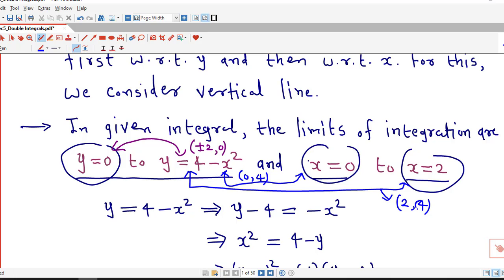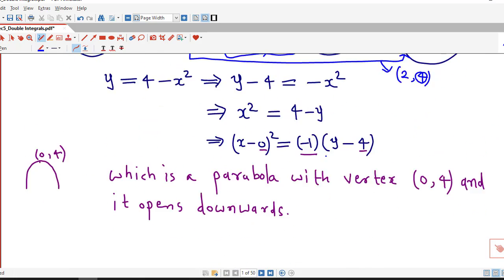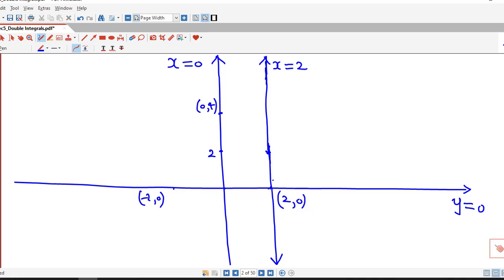So the parabola will intersect the line x equal to 2 at ordered pair 2, 0.